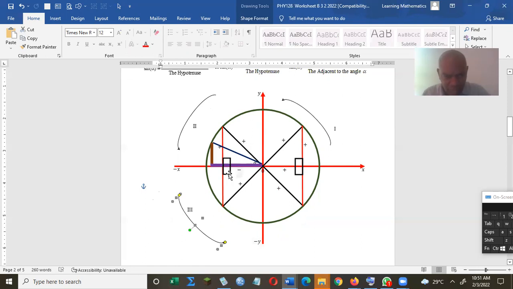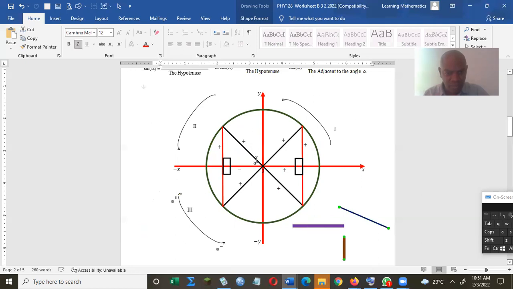This little right angle triangle here is missing a labeling. Let me put alpha there.